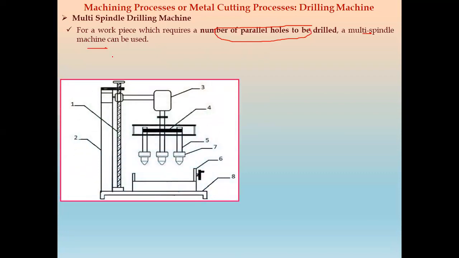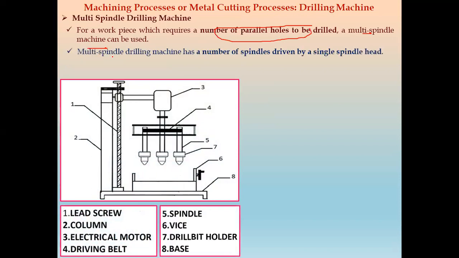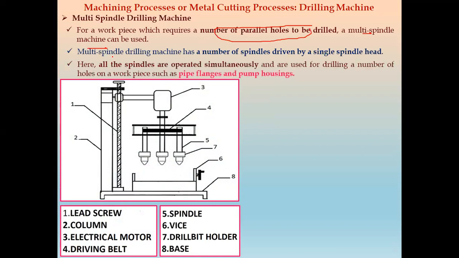In this machine, a number of spindles are driven by using a single spindle head. So we have only one head, and in that head, a number of spindles can be driven. Hence, all spindles are operated simultaneously, but they cannot operate independently.